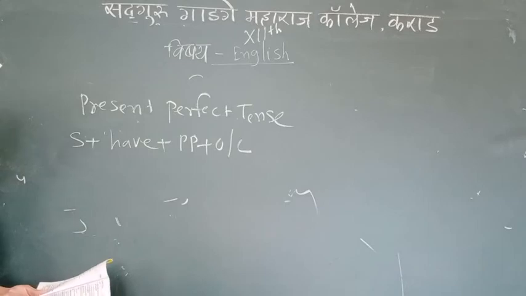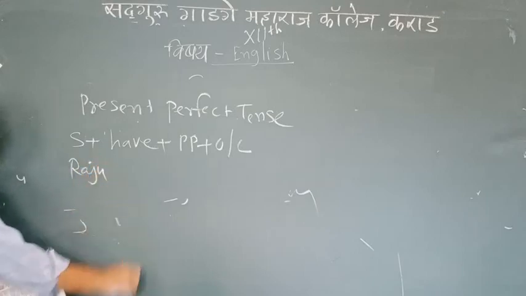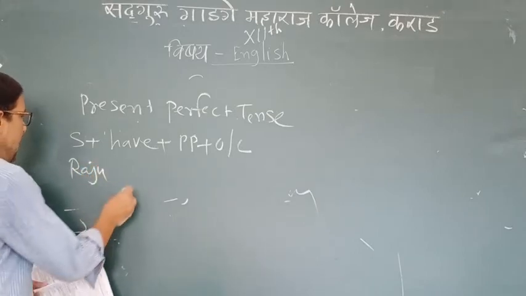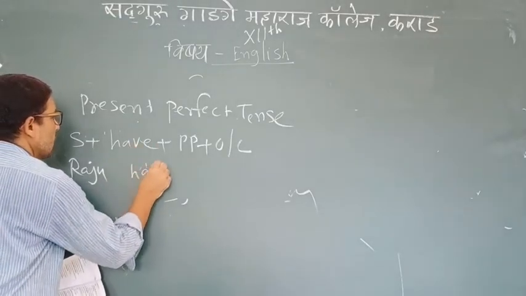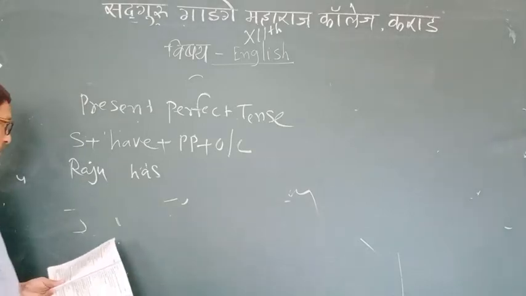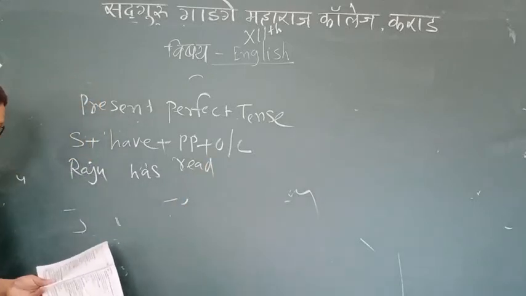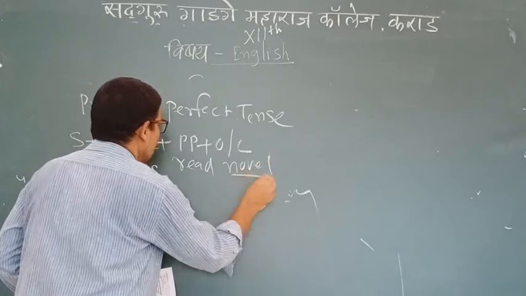Now see the sentence. The subject is Raju. Raju has read, the third form of the verb read, a novel. What did he read? A novel. This is the object.